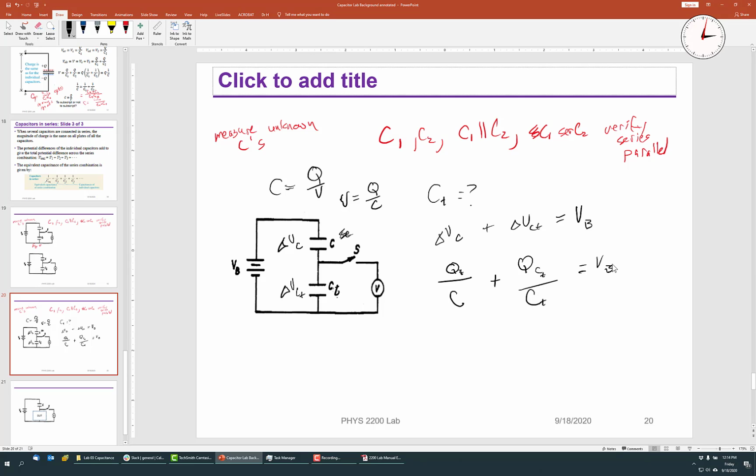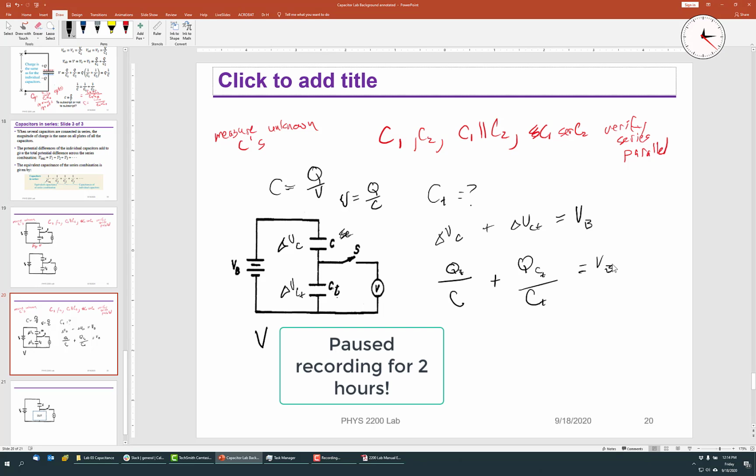Since there is no subscript anymore, we see that the V measured here is going to be, give me a minute.